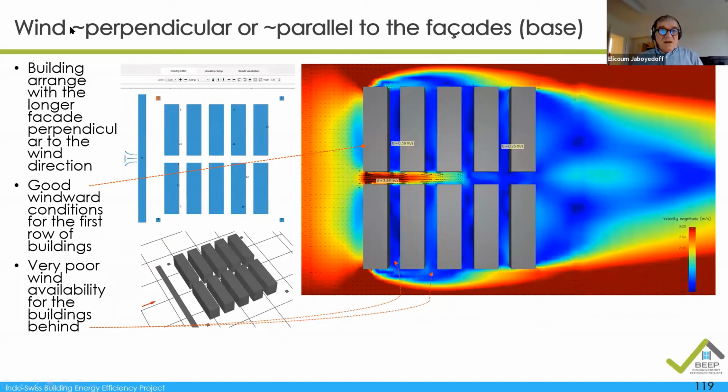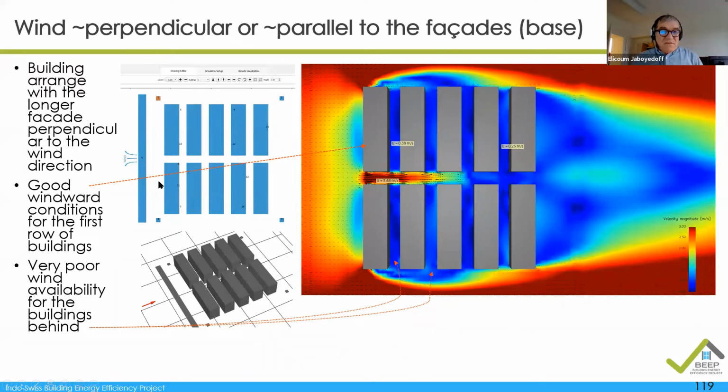So we'll take one example now where we look at the wind hitting perpendicularly the facade of the building, or almost parallel. Now on the base, we have taken, again, this is a schematic example, but to show the possibility that one can just highlight with the simulation. So if we have a building plot that could be a bar before the buildings that would come maybe later, representing other buildings.